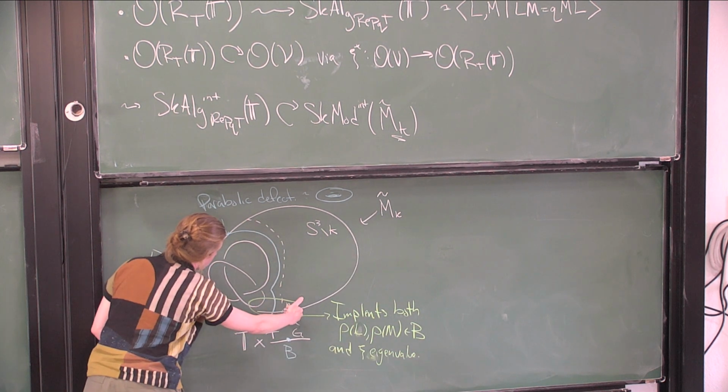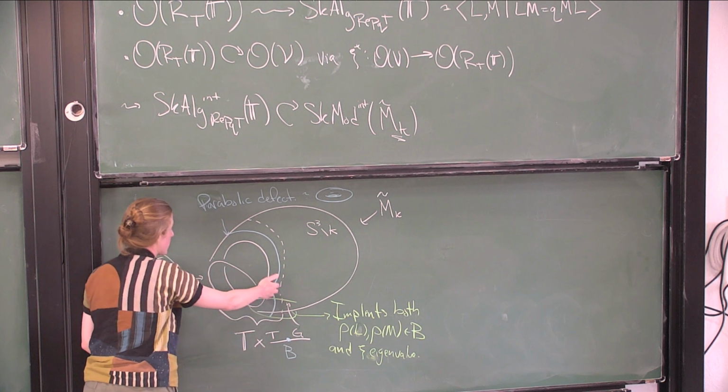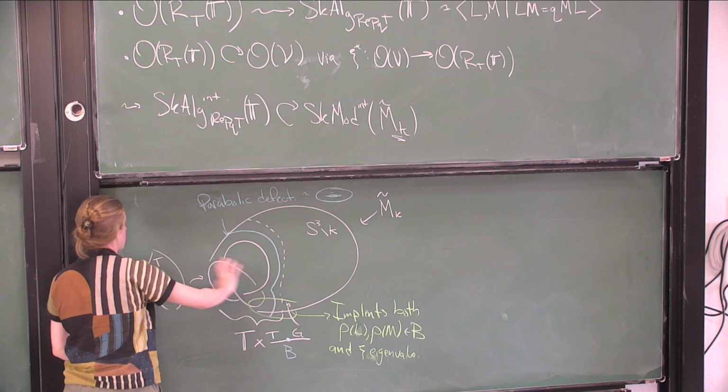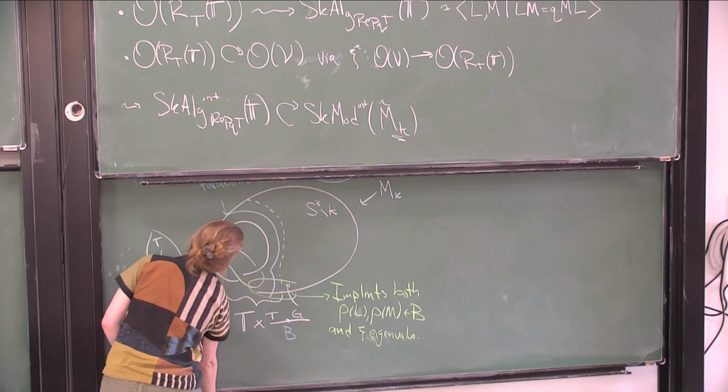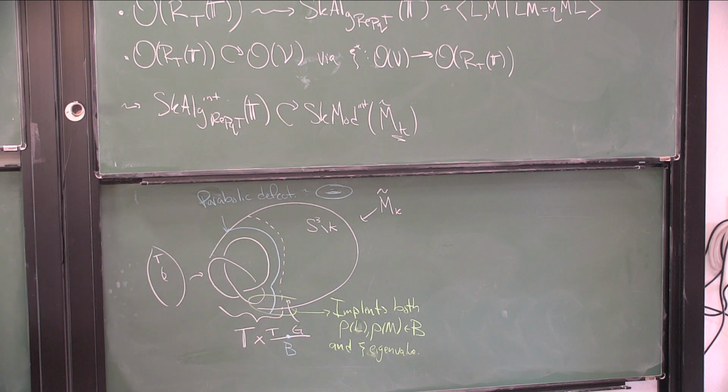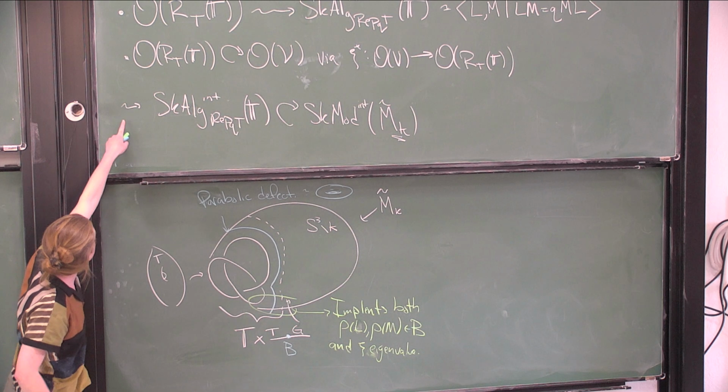Because somehow when I get close to the torus, I need to be in my Borel, and then actually when I'm thinking about this action, I demand that I'm actually in my maximal torus. Okay. So this is this step here.